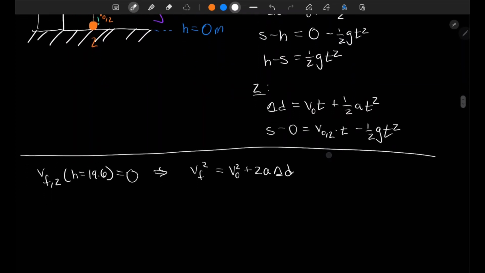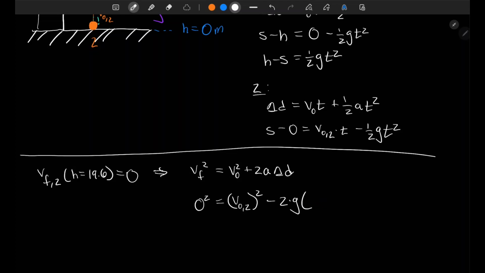So here, Vf for ball 2 is 0. So this is 0 squared equals V naught 2 squared, which we don't know and want to find, minus 2 times g, because a is equal to negative g, times delta d.